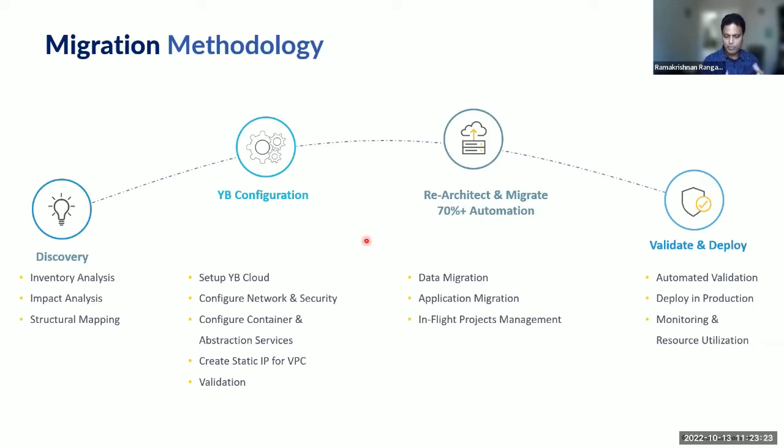That way I can have a very well-structured validation, automated validation as well, in order to make sure that all of the objects that I'm migrating have been validated successfully. And based on your source data warehouse and the target data warehouse like Yellowbrick, there needs to be a mapping in terms of what we call a structural mapping.